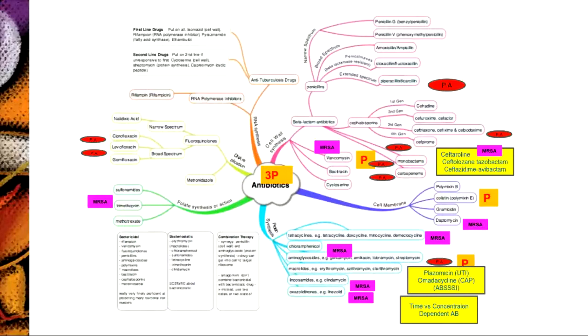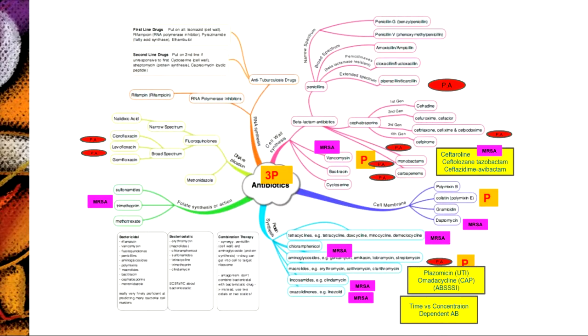And within the cell wall, we have 2 categories, either beta-lactam or non-beta-lactam. Under beta-lactam, we have 4 groups. Number 1, penicillins. Within penicillins, we can see narrow spectrum, wide spectrum, and one which covers Pseudomonas like Tazocin, which is piperacillin tazobactam.